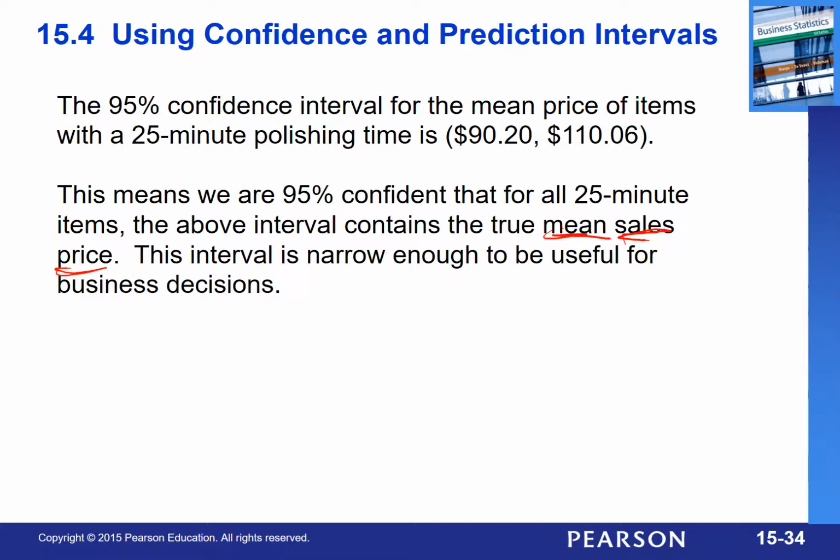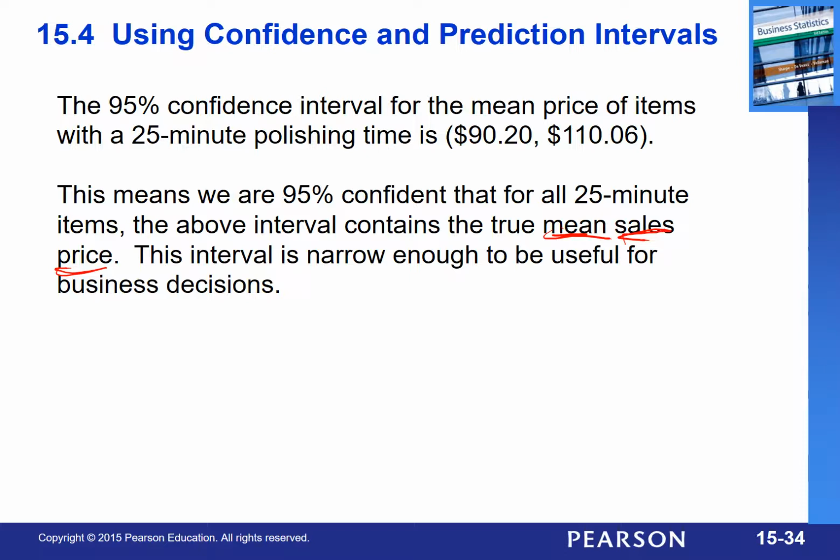All right. So if we just use the standard formulas we have from before to calculate the confidence interval for the mean, so be thinking this is just a simple t, the 95% confidence interval for the mean price of items is that it's between $90.20 and $110.06. So we are 95% confident that for all items that we polish for 25 minutes, the above interval contains the true mean sales item price.